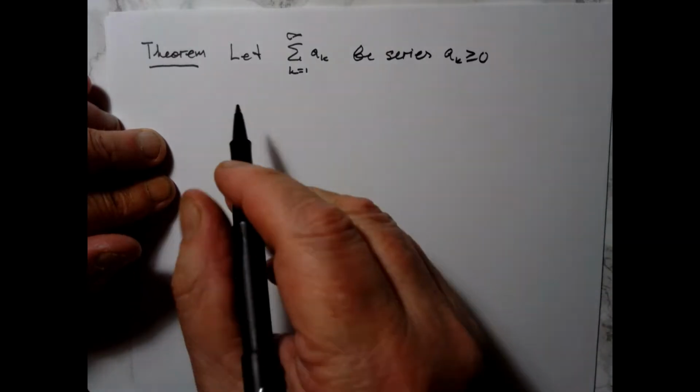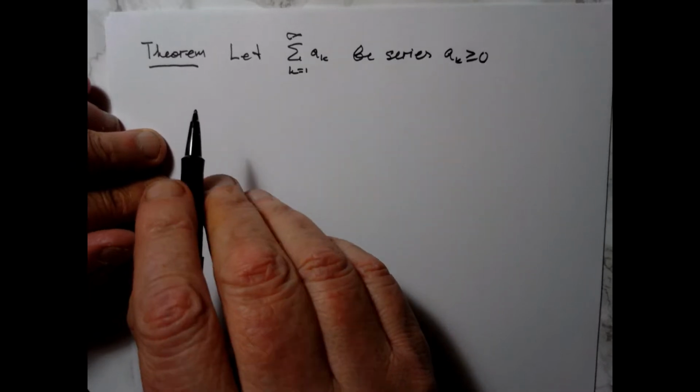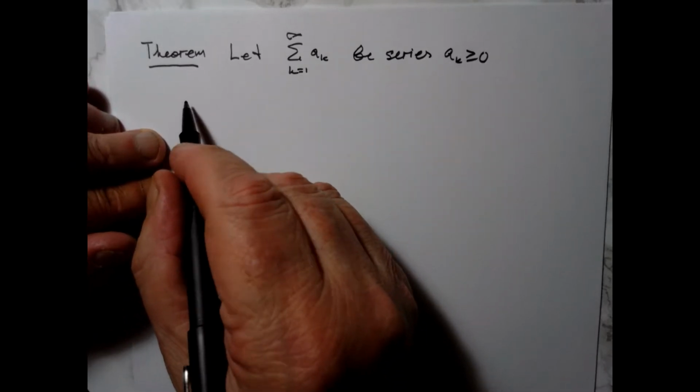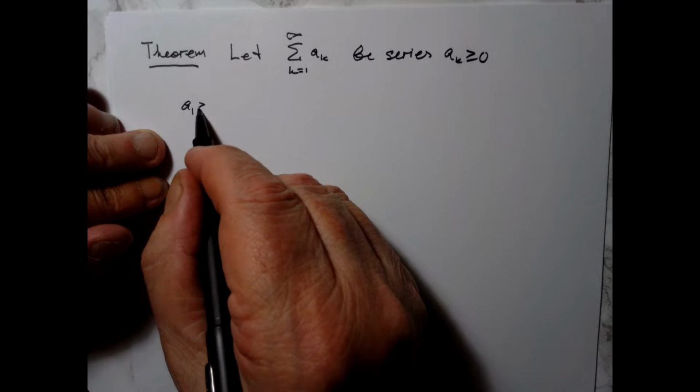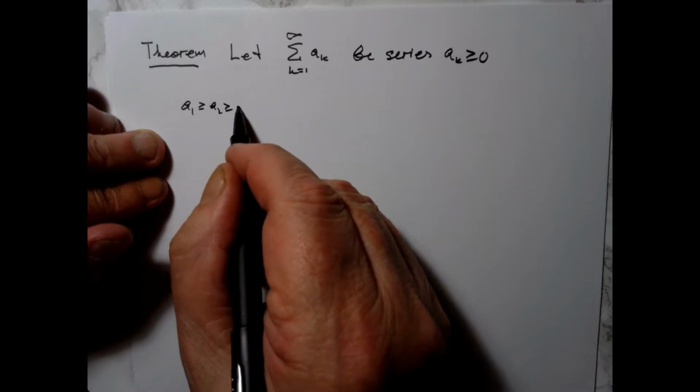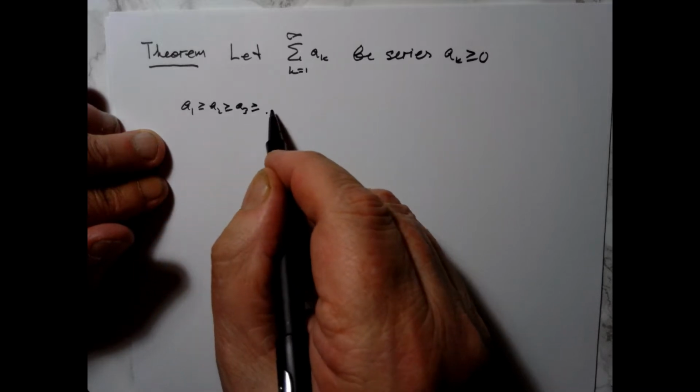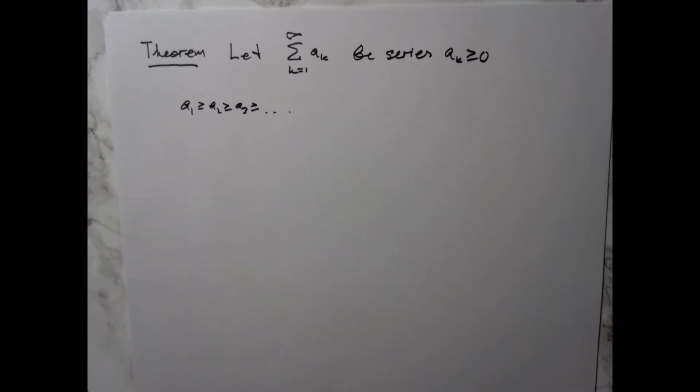But not only the terms are positive, all the terms of the series, not the partial sums, are also decreasing. So a1 is greater or equal than a2, greater or equal than a3, etc. Of course, the only interesting case is when the terms of the series go to 0, and we try to decide if the series converges or diverges.